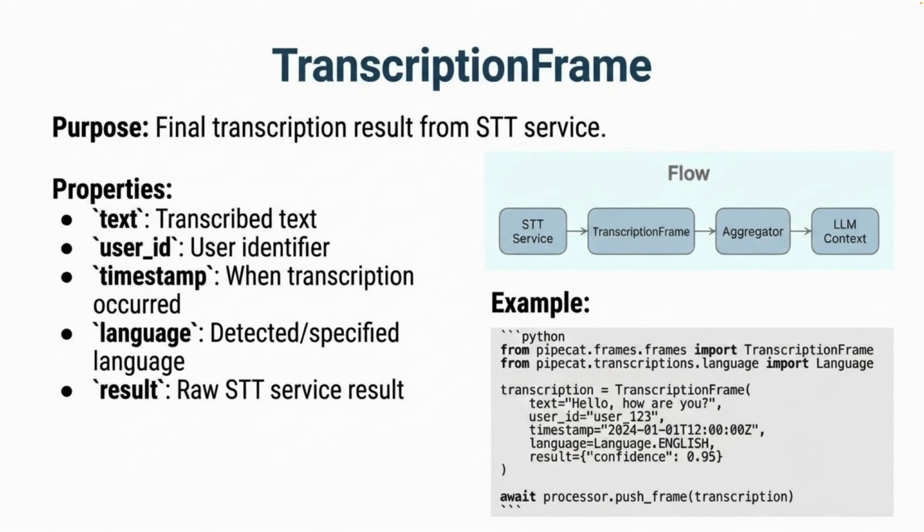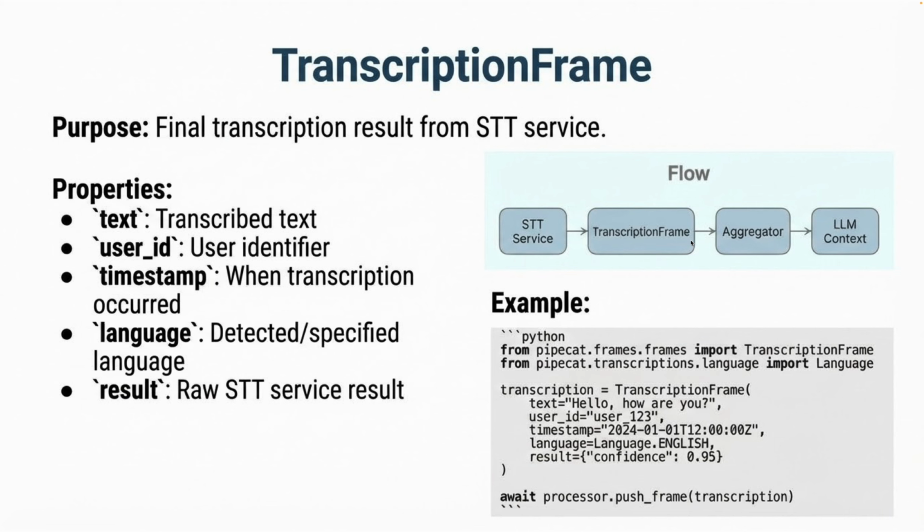Next, we have transcription frame. So, transcription frame is kind of like a final STT result. Whatever speech our STT service is receiving, and it is converting all the speech to text, that text is kind of like a transcription frame.